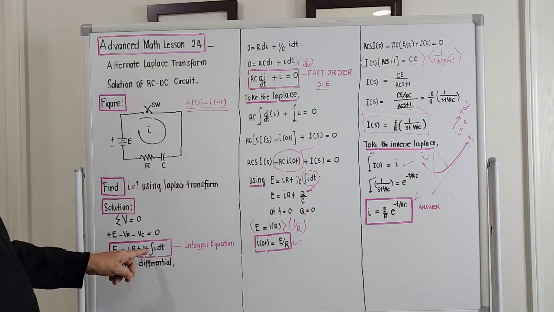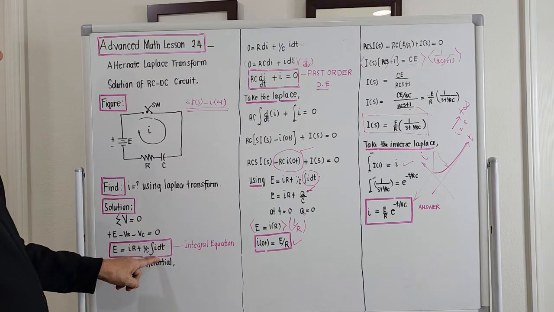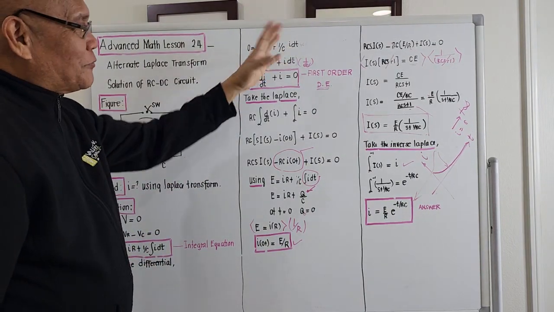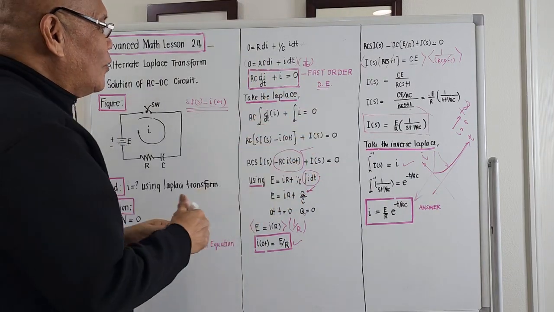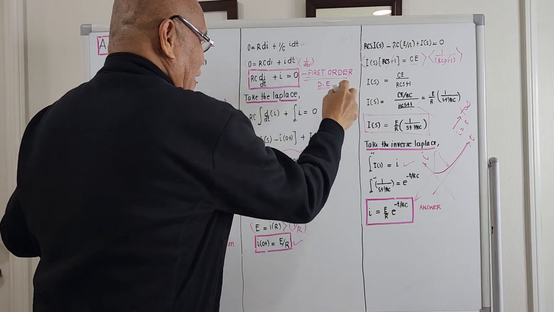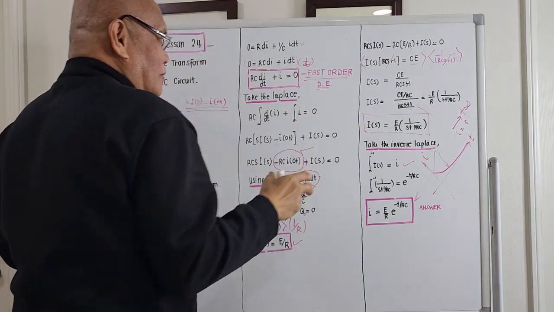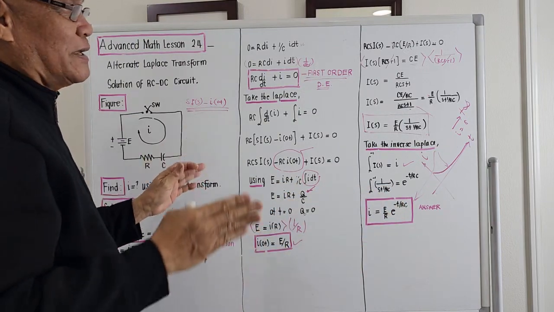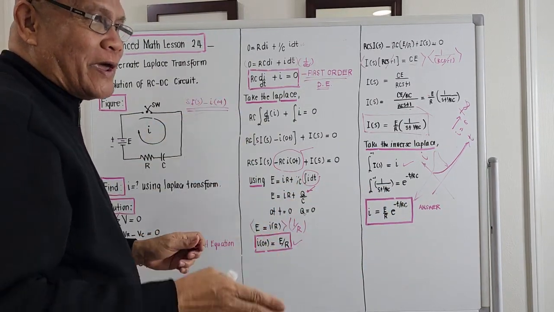So if we take the differential of the integral of i dt, it will simply be i dt. So after taking the differential, what comes out is actually a first order differential equation. And after it comes out, we could use the Laplace transform of any differential thing.